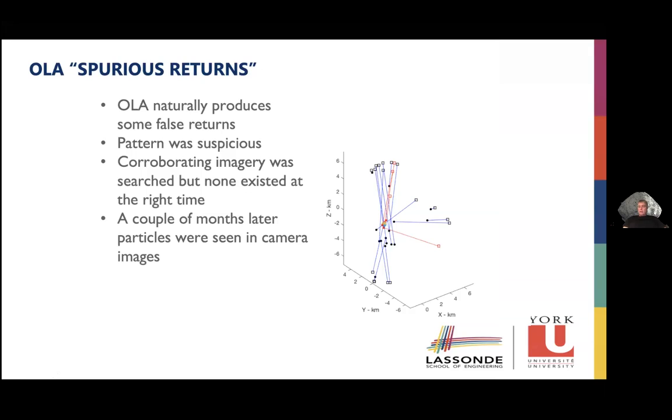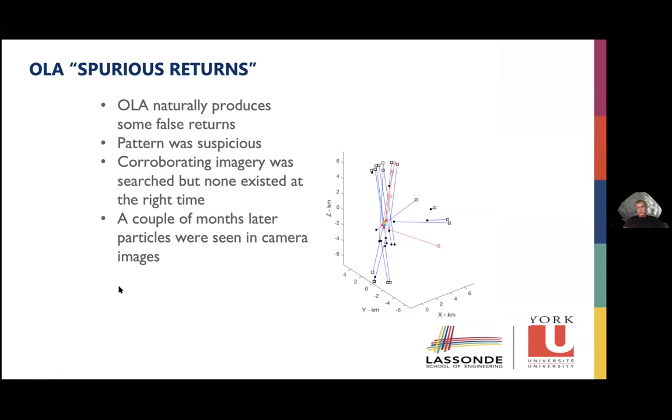The other exciting thing is that for each OLA pulse, there's some noise in the receiver, and you can get fake pulses. So you can put out 500,000 pulses, and you can still get some false returns that don't represent anything but noise in the instrument's receiver.